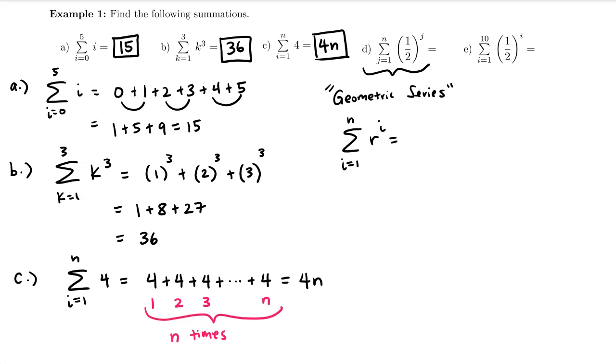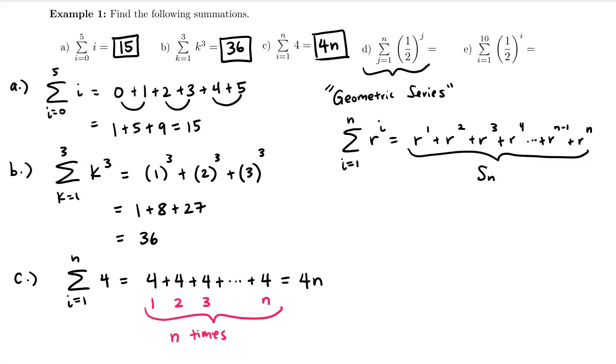If I were to expand this, my first term would be r to the first power, my second term would be r squared, r cubed, and then my last term in my sum would be r to the nth power. I'm going to call this sum s sub n, where s stands for sum.